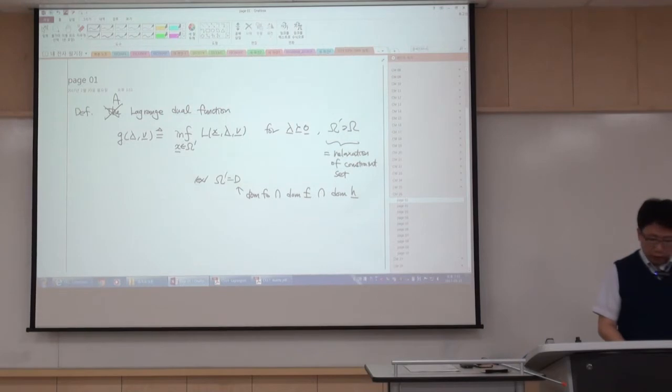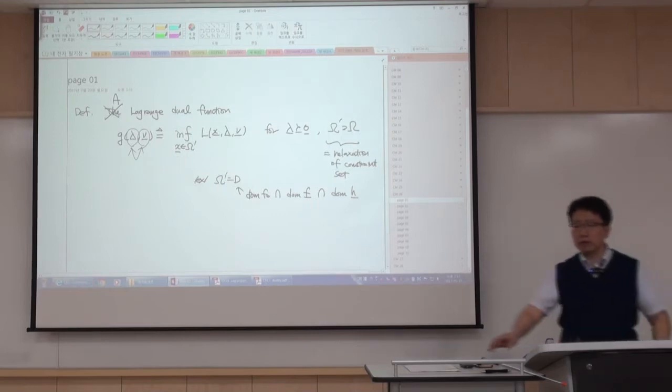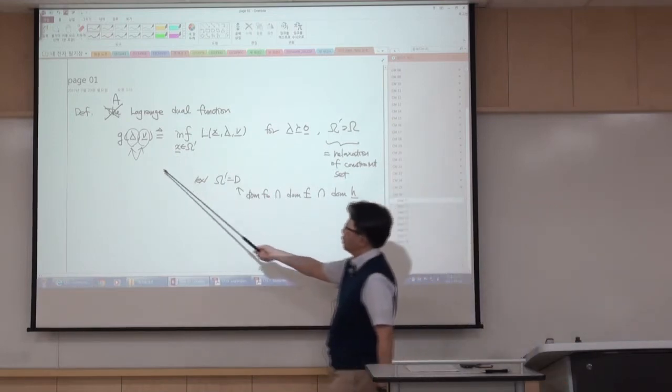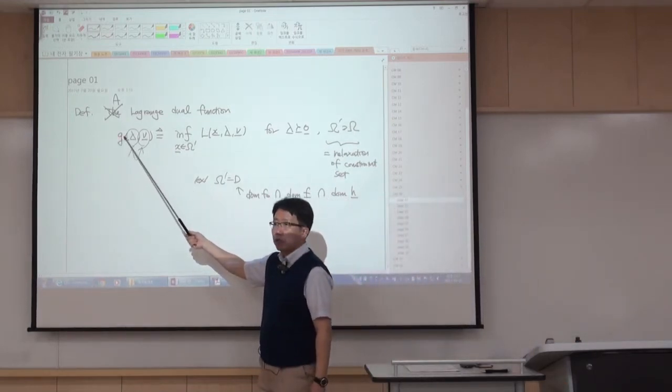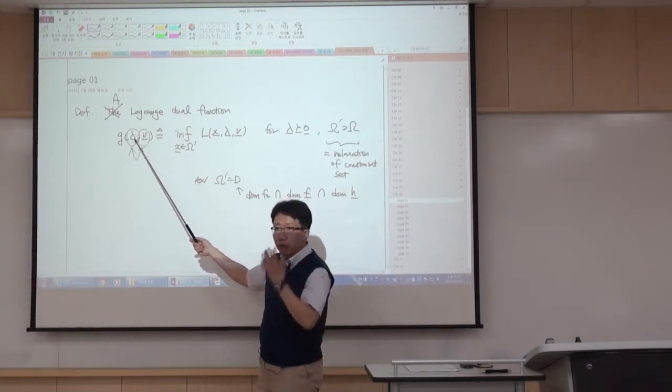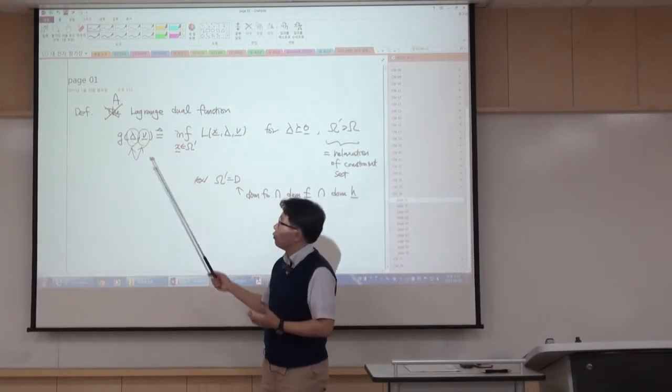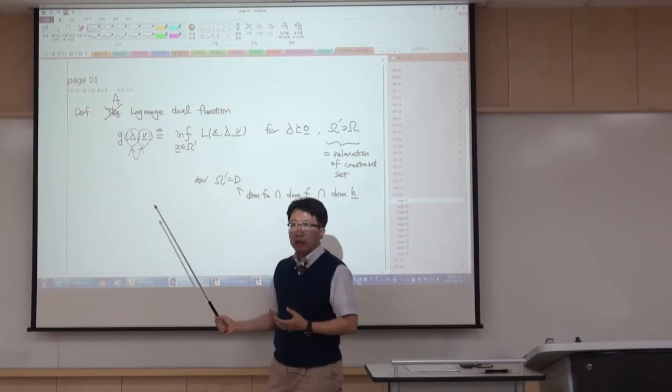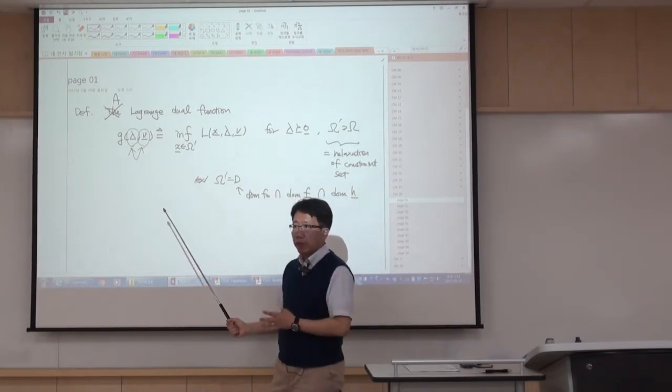By the way, now these are variables that determine the value of G. So before, when we defined the Lagrangian, we called these two the Lagrange multipliers.